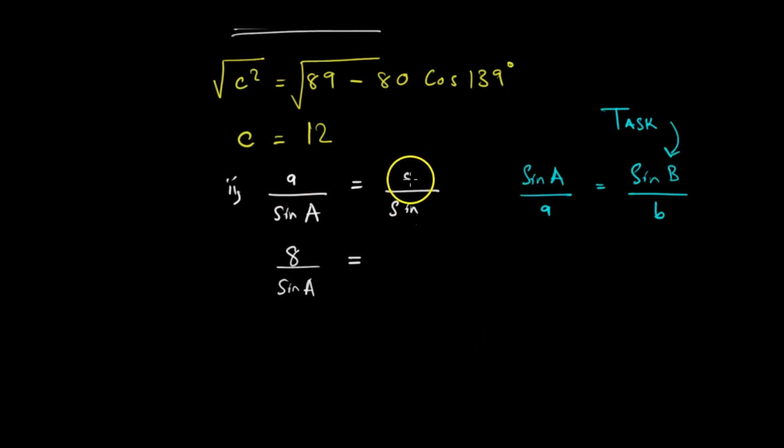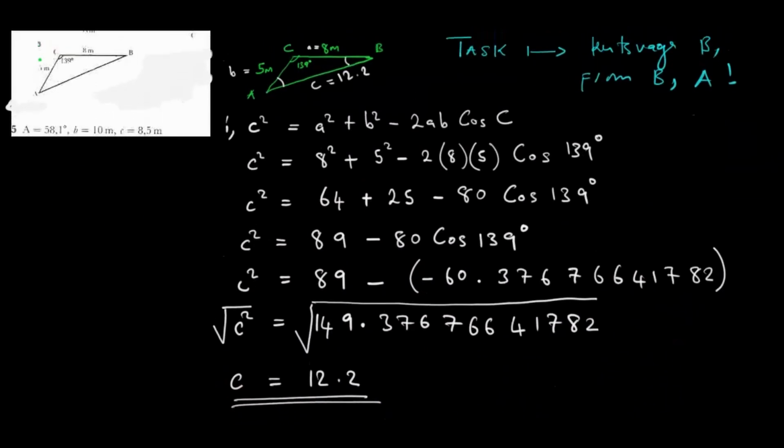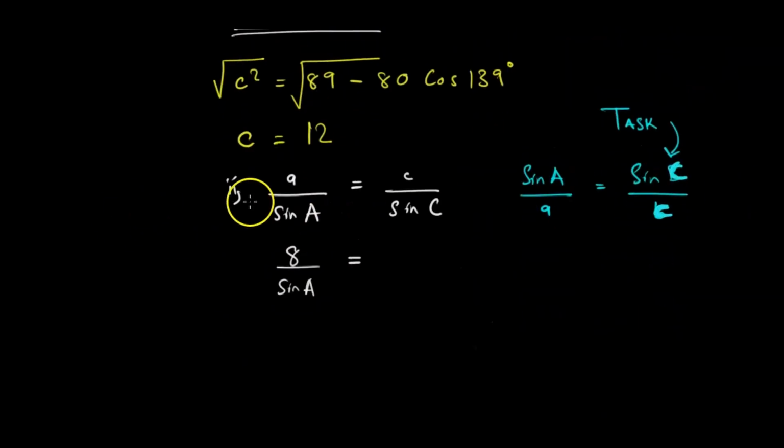So we say C over sine C here. Then in your task you should have sine C over C. Going back, we have established that C is 12.2, which we can use as 12 for the sake of this lesson. So 12 over sine of the angle, 139. So here 8 over sine A is equal to 12 over sine 139.